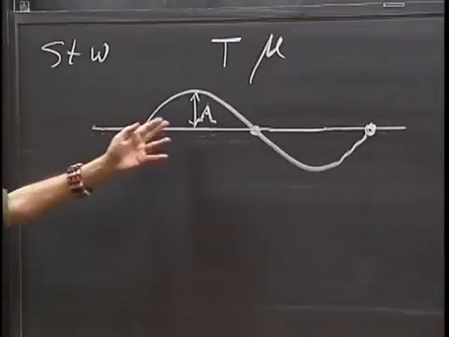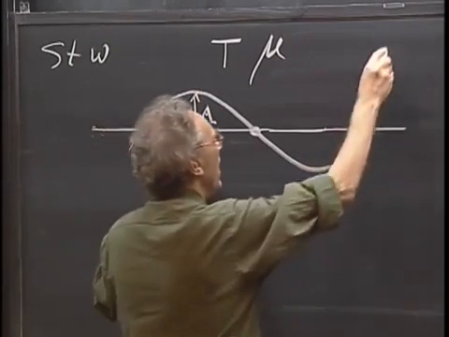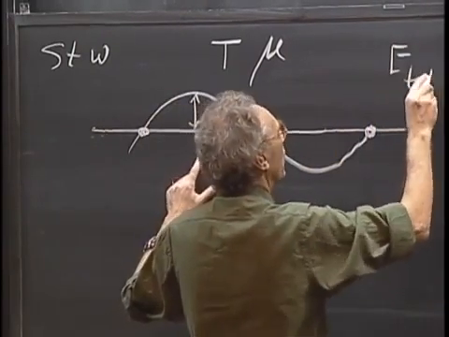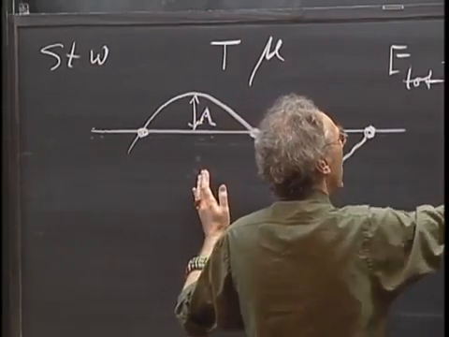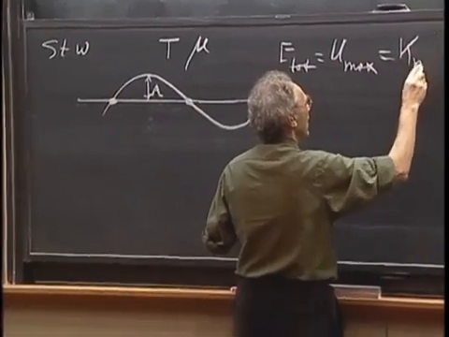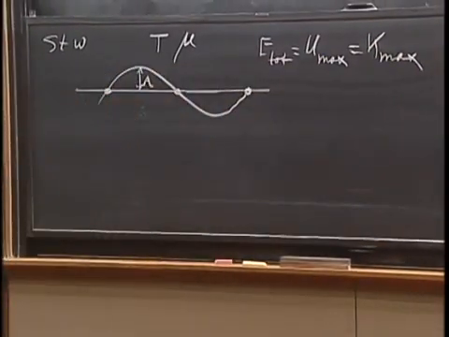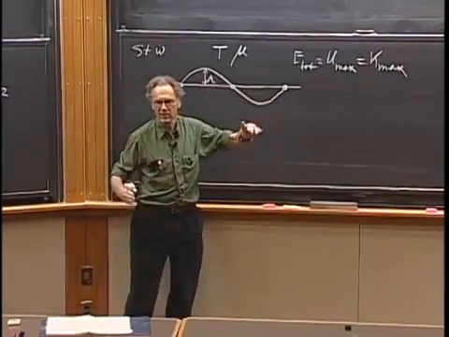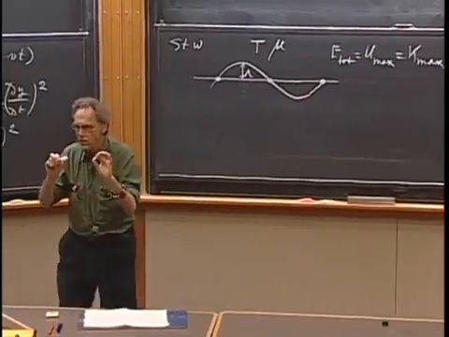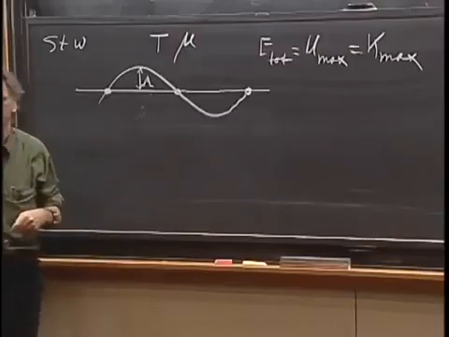Well, at this moment in time, when it comes to a halt, there is no kinetic energy, there is no movement in the y direction. So the total energy that is in the wave, per wavelength, is the same as U maximum. But of course, it's also the same as K maximum. When the string goes through its equilibrium, when the string is straight, then you have the highest velocity. This comes down, has a velocity in this direction. This comes up, has a velocity in that direction.